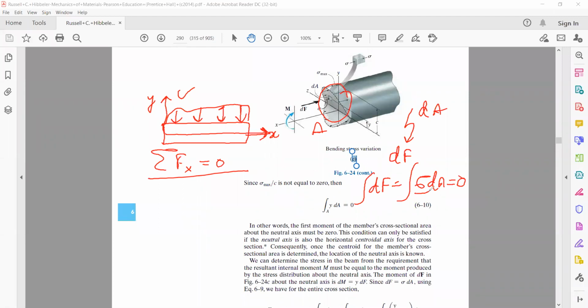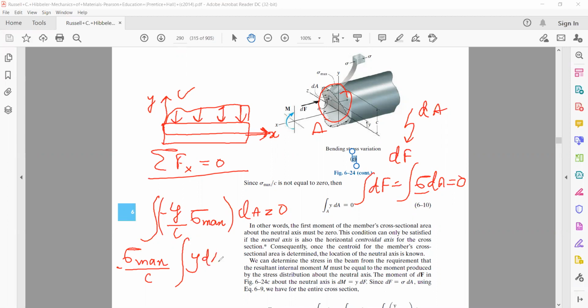We have just seen that we can write sigma as minus y by c sigma max, and we have dA, equal to 0. Therefore, we can write sigma max divided by c, integral y dA is equal to 0. Sigma max cannot be 0. c cannot be 0. Therefore, this integral y dA is equal to 0. What does integral y dA equal to 0 mean?